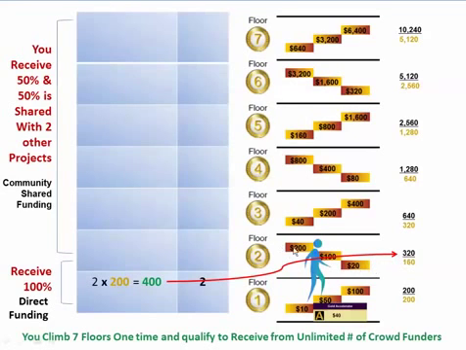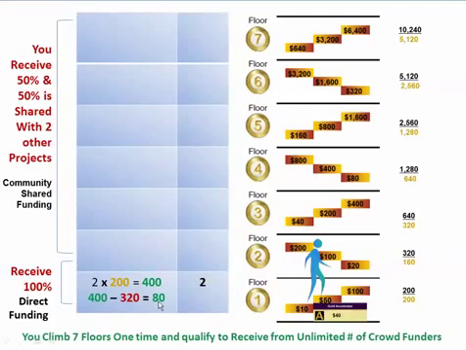And we'll talk about this all as just a whole floor, but you do it in small increments. You start with $20 and it keeps moving up. But let's add it all up together. Your total donation that you make to the project that came before you on the second floor is $320. You take that out of the $400 and you can see you're left with $80 for your project in your pocket.